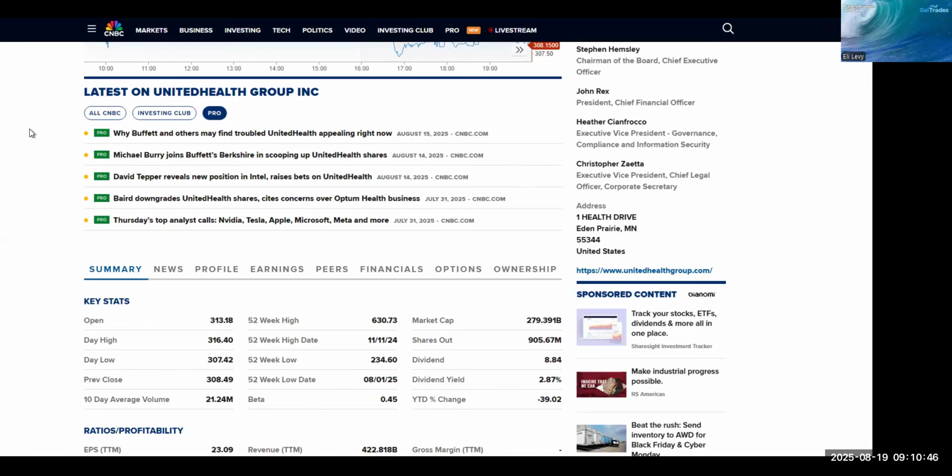A few days later, after my system showed that United Health is at a great entry point at $241, news started coming out. I saw it on CNBC that Buffett started buying United Healthcare, and Michael Burry joined United Healthcare, and David Tepper is starting to add to his positions in United Healthcare.